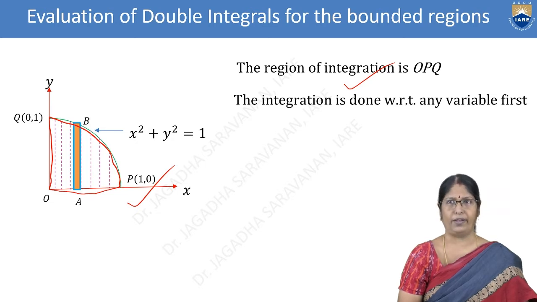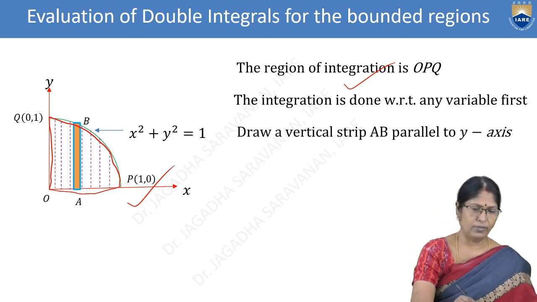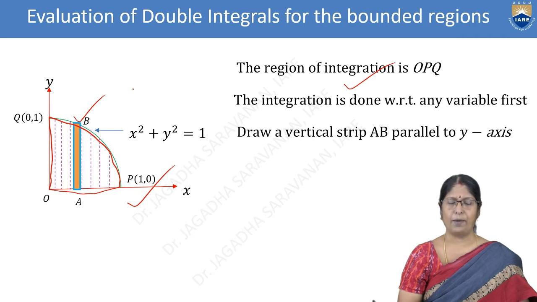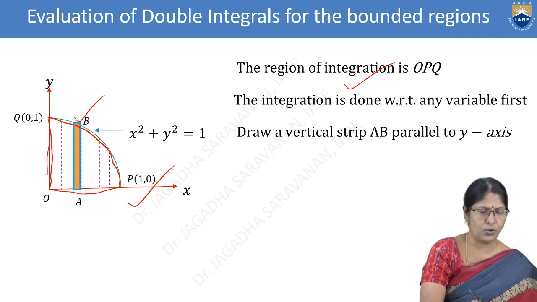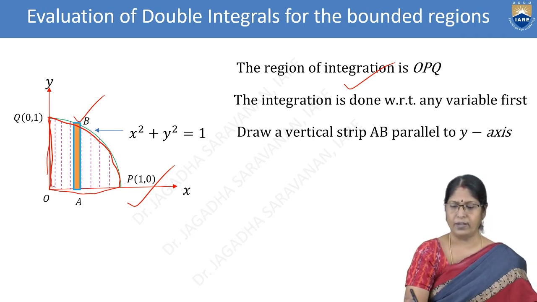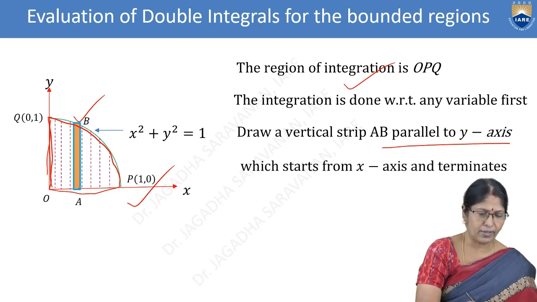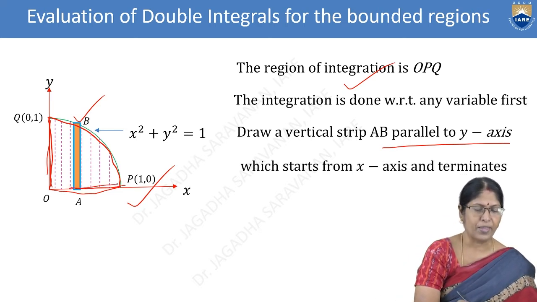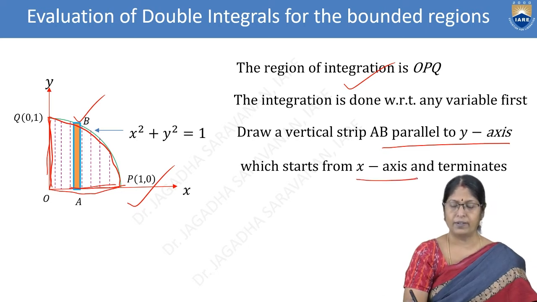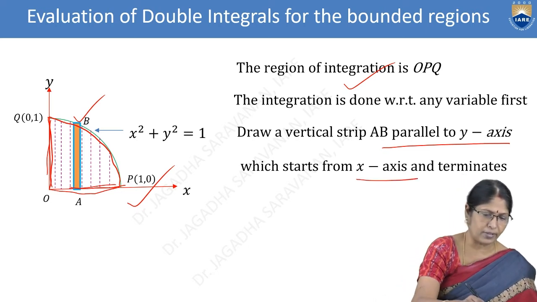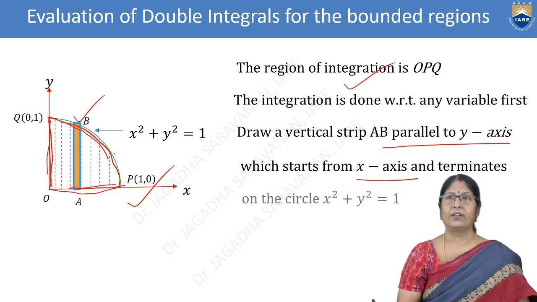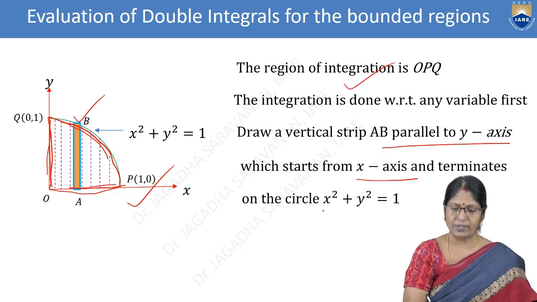Both are correct. Now this is the vertical strip AB, which is parallel to the y-axis. That is what is written here. The vertical strip starts from the x-axis and terminates touching the curve, that is our circle.